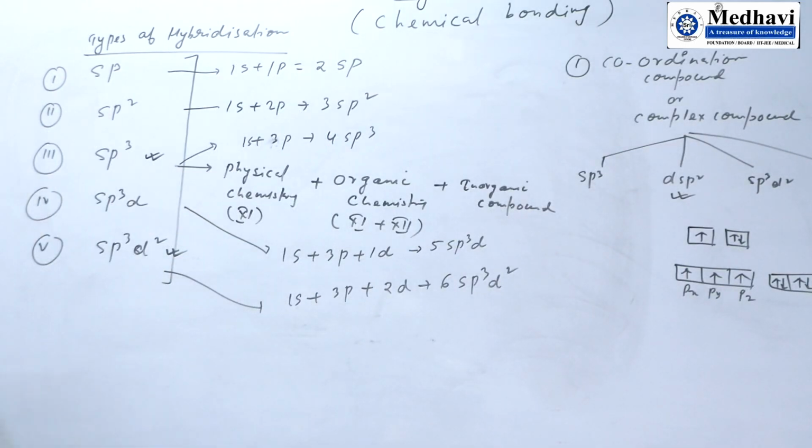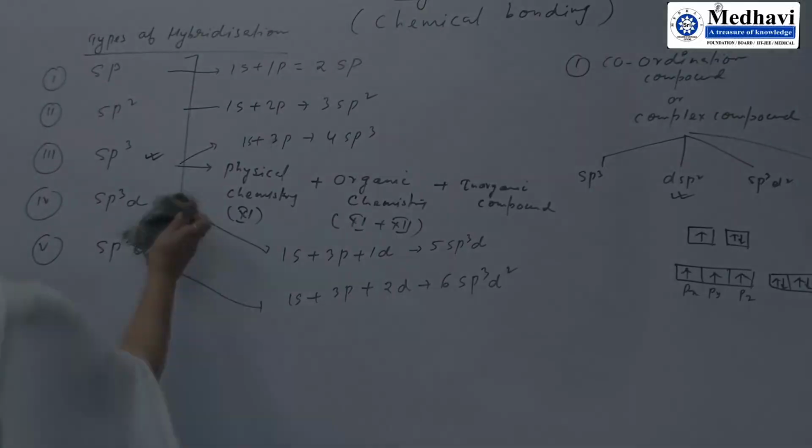So first we will make an organized table. I am going to make an organized table to show the process of hybridization. Again I want to say that hybridization is categorized into 2 parts. First is types of hybridization where only bond pairs are present, and second is types of hybridization when bond pairs and lone pairs both are present. So here I am using only bond pairs, no lone pairs.